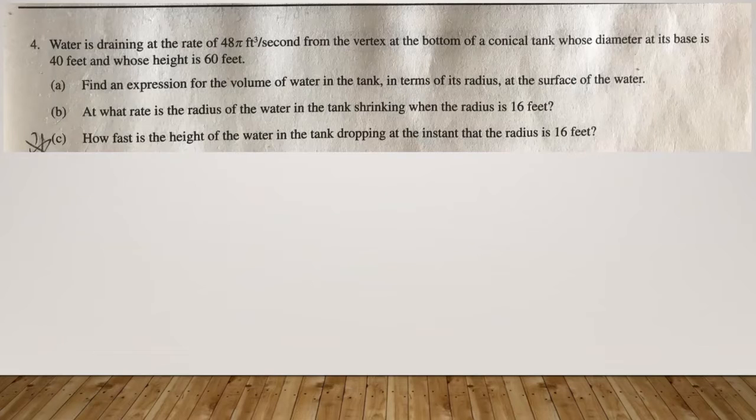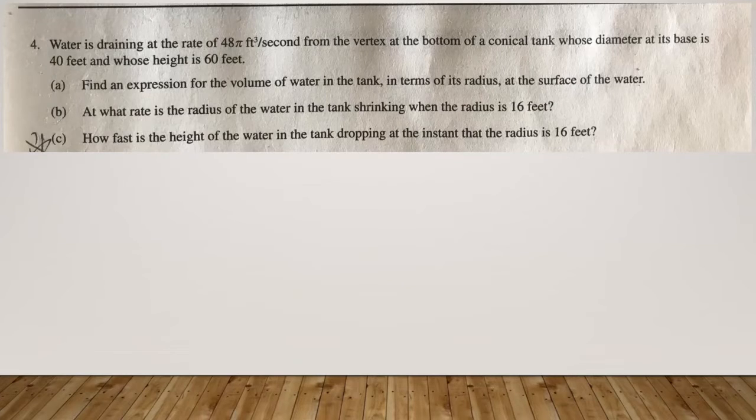Next question. Water is draining at the rate of 48 pi feet squared per second from the vertex at the bottom of a conical tank whose diameter at its base is 40 feet and whose height is 60 feet.